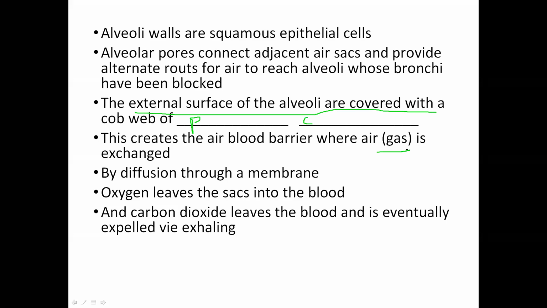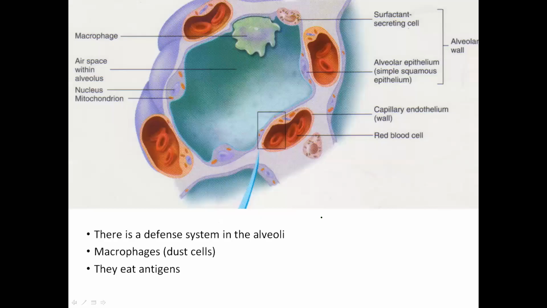It's done through diffusion. Gases can diffuse easily across membranes. So oxygen will leave the alveolar sacs and go into the blood, and CO2 leaves the blood going into the alveolar sacs that you eventually exhale out.